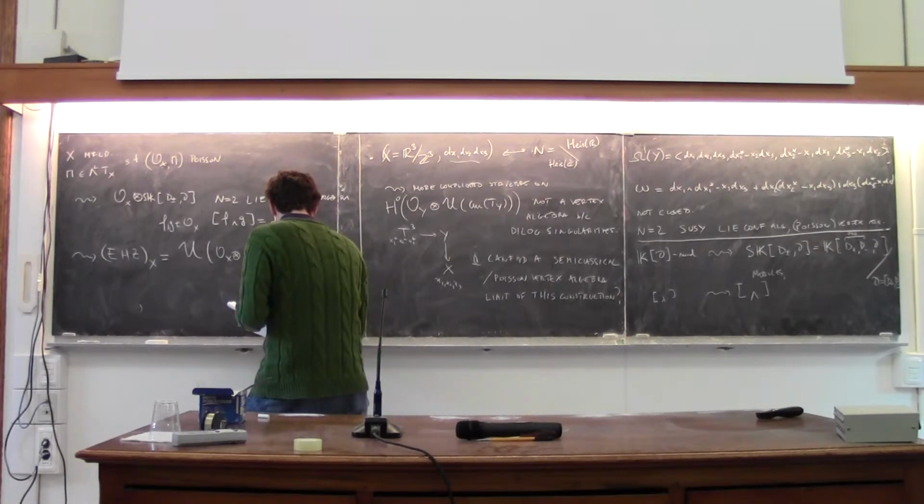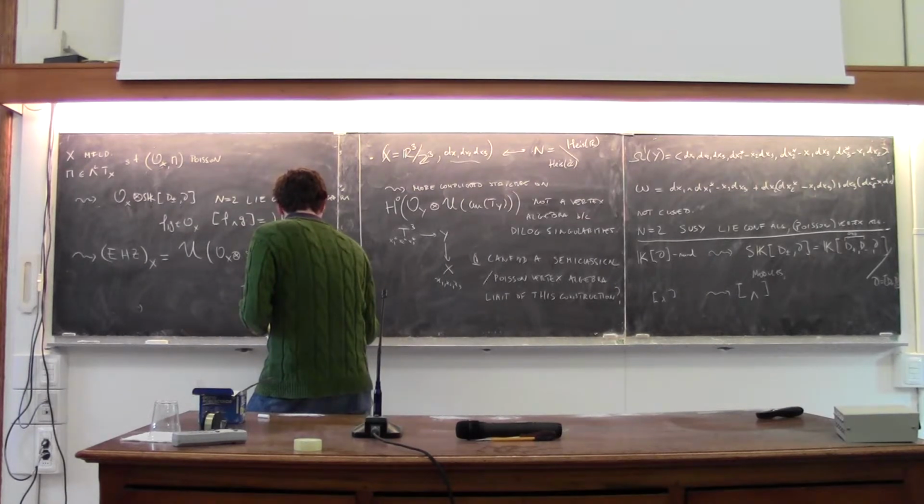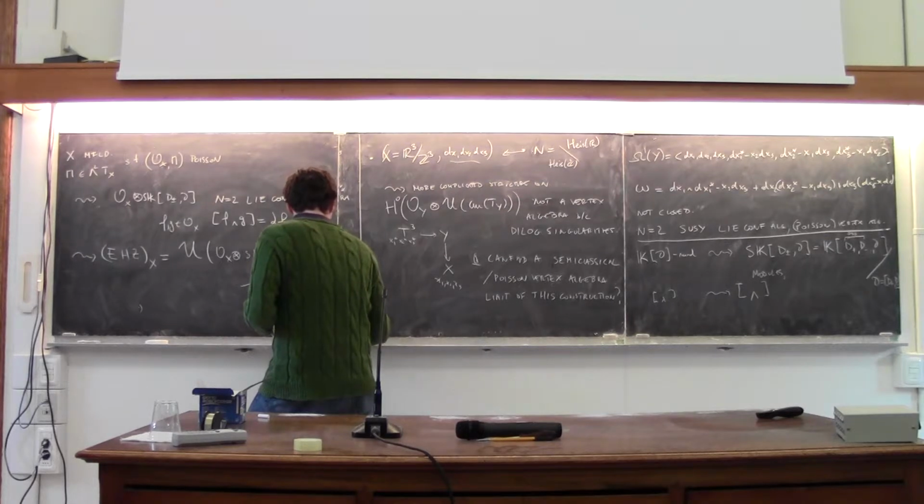So we get d plus or minus of f, g plus normally ordered product of f, d plus or minus g.